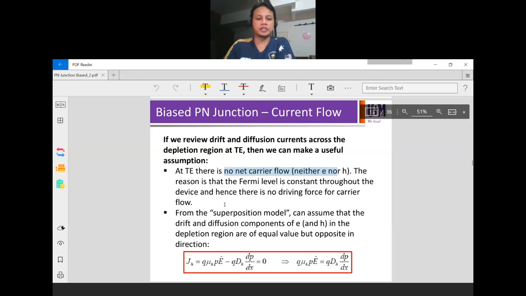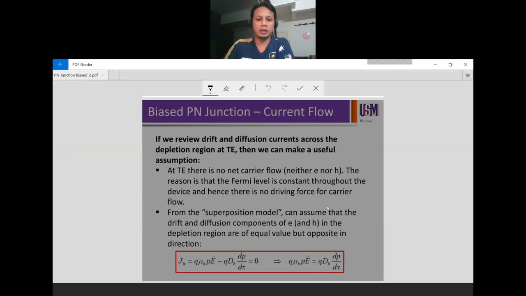So from the superposition model we can use this equation to explain, right? If you're talking about current density related to holes, that will be given by the drift component of hole plus the diffusion component of hole, because the diffusion component is negative, right? So therefore, the drift is equal to the diffusion component for hole, equal magnitude but opposite in direction.